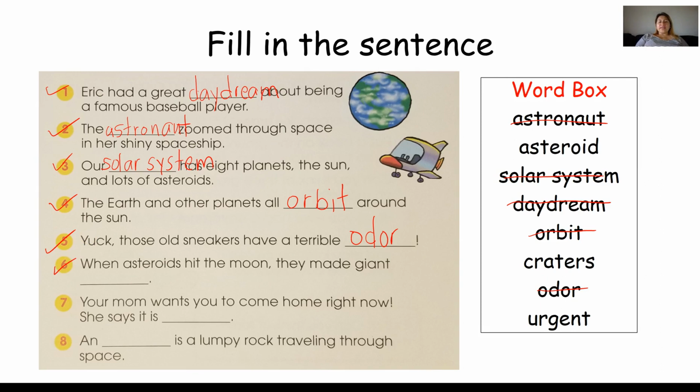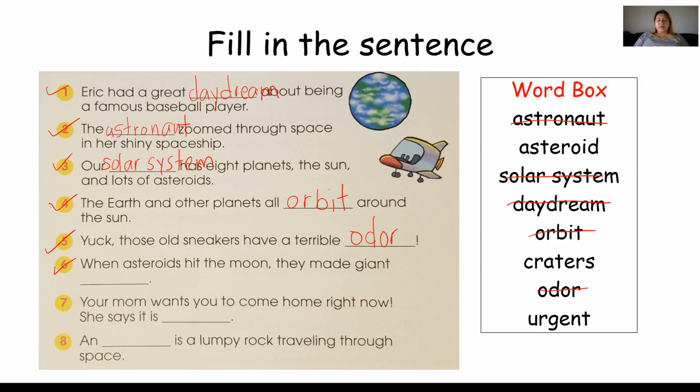When asteroids hit the moon, they made giant what? They hit the moon and they made giant what? So say for example, you had some Play-Doh and you kind of punch it with your hand. What does it make? That's kind of like just a visual to make that connection.